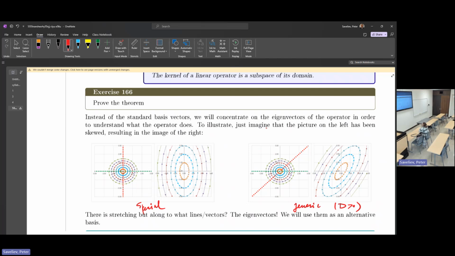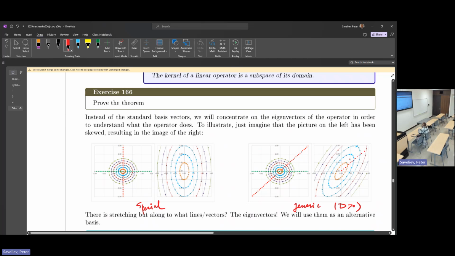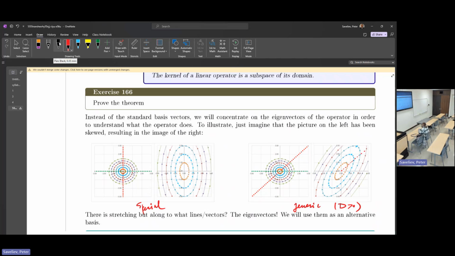I keep pointing it out: the tips of those ellipses do not match the direction of our eigenspace. This is my eigenspace, look at it, and it is not matched with the ends of those ellipses.